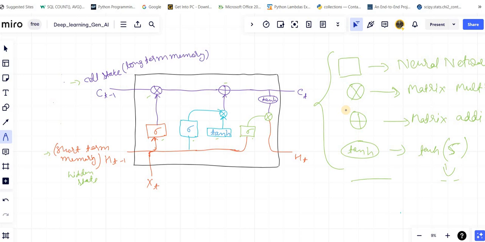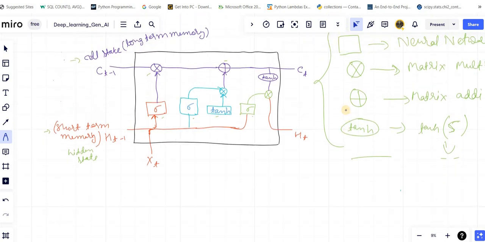Now in LSTM there are three inputs. You can see here three inputs in LSTM: ct minus 1, ht minus 1 and xt.